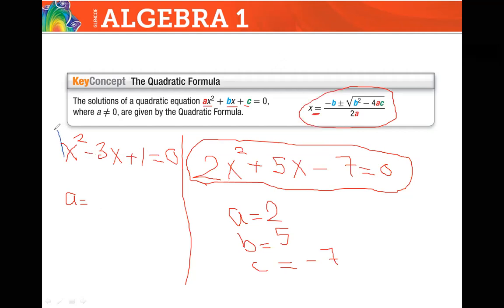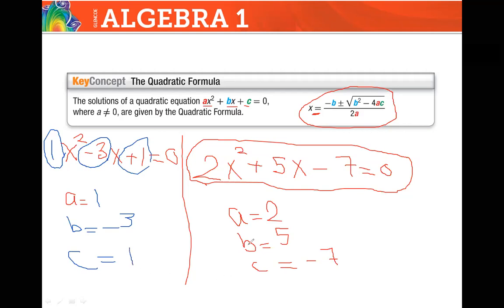Before x squared you have any number? No. It means we have 1, but we don't write it. So a is 1. And b? Negative 3. Yes, negative 3. And c? Plus 1. Yes, so it's 1.